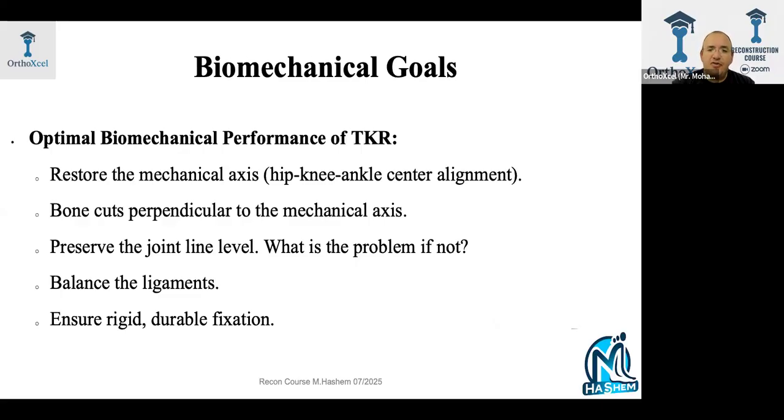So what is the advantage of all what we mentioned till now? All what we mentioned till now is how for you to make a properly biomechanically aligned total knee replacement to have a good result. You need your total knee replacement to restore the mechanical axis, both AP and lateral. So you need to maintain a frontal mechanical axis and a lateral mechanical axis.